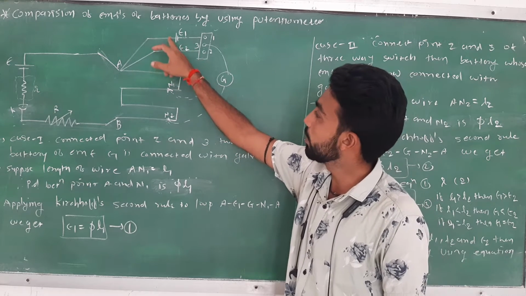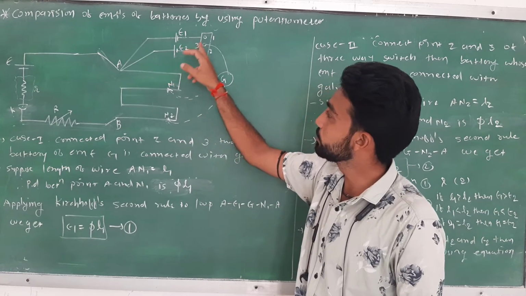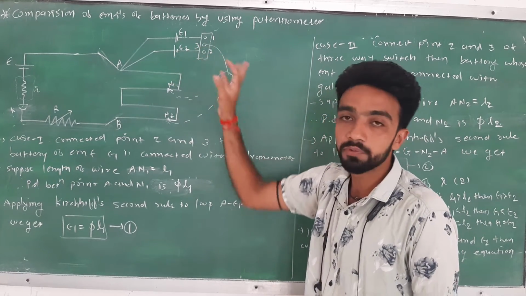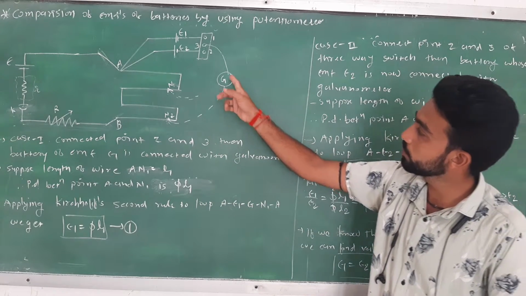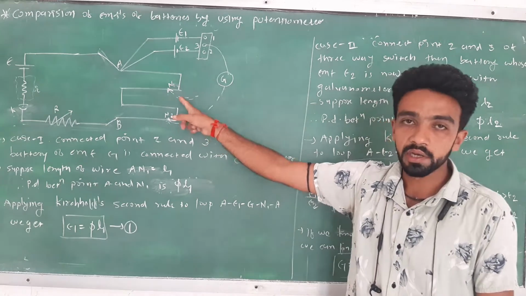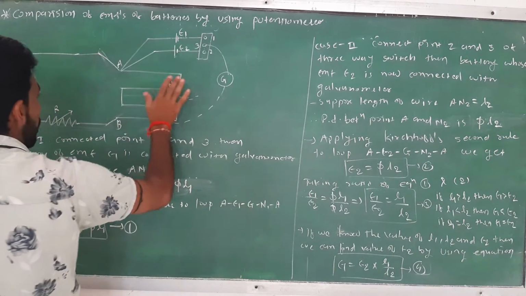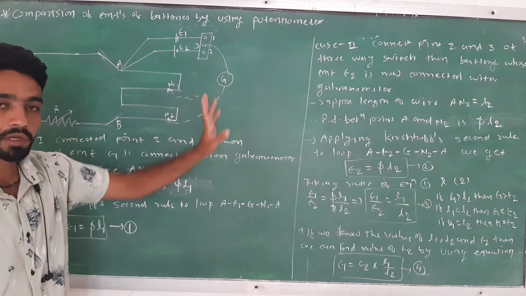Their positive terminals are connected at point A, and their negative terminals at points 1 and 2 of the three-way switch. The positive terminal of the galvanometer is connected at point 3, the negative terminal at the jockey, and the jockey can be moved over the wire until you get zero deflection in the galvanometer.